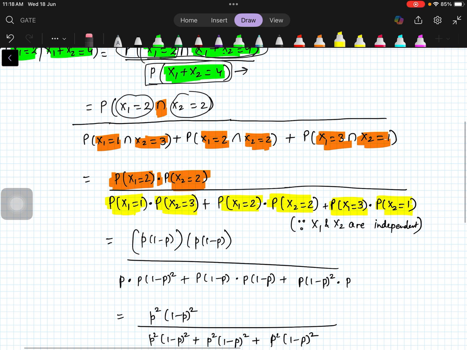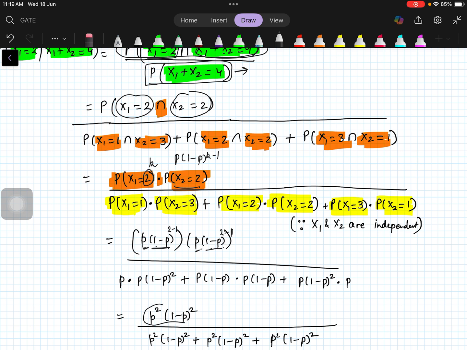Right, now the PDF is given to be, if this is k, then the PDF is p into (1 minus p) raised to power k minus 1, right. So, that means this will be p into (1 minus p) raised to power 2 minus 1, and here it will be p into (1 minus p) raised to power 2 minus 1. So, that is p into (1 minus p) into p into (1 minus p).